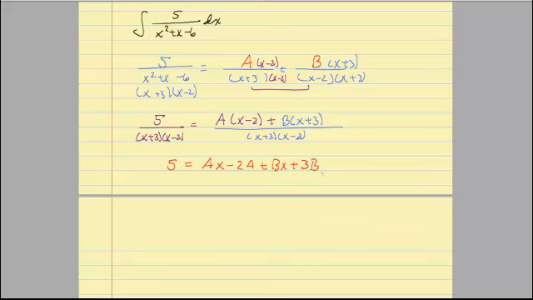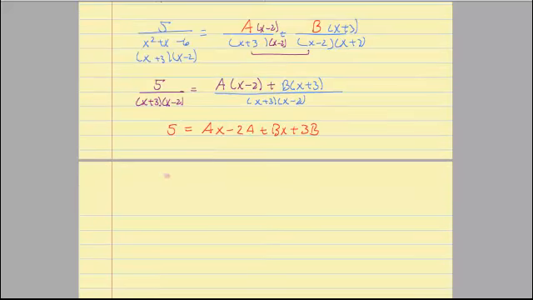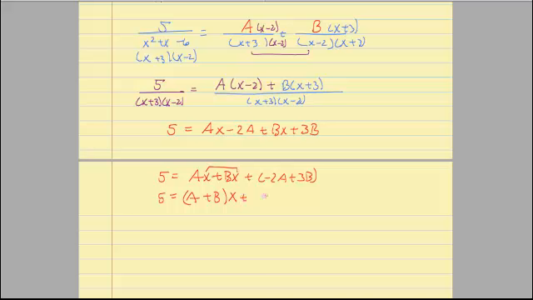Now my goal here is to solve for a and b. There are a lot of different ways we can do this, but it's really easy if we can equate the coefficients. For instance, I can group my x's together and then group my constants together. Grouping my x's, I have a plus b times x, which is reverse factoring, plus 3b minus 2a.